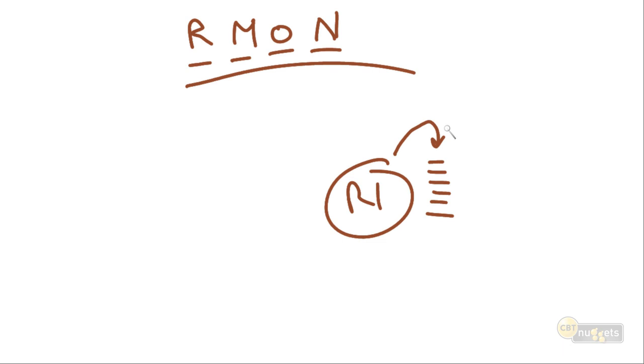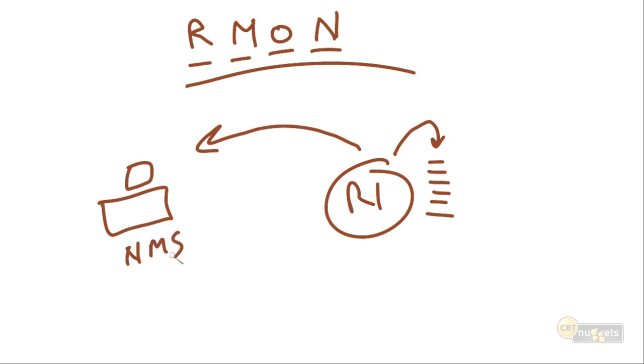It kind of works in conjunction with the Simple Network Management Protocol agent. If this remote monitoring information needs to be forwarded to a network management station, using, of course, Simple Network Management Protocol, it can be. But if we as a network administrator just want to go right into the router and check out the RMON data, we can.